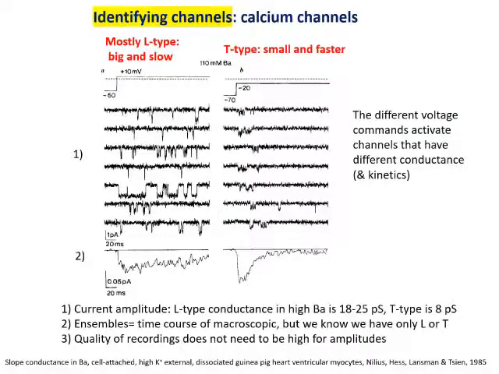Now I'm going to show you a few examples of how we can identify channels depending on their activation or on how they look when we get single channel recordings from them.